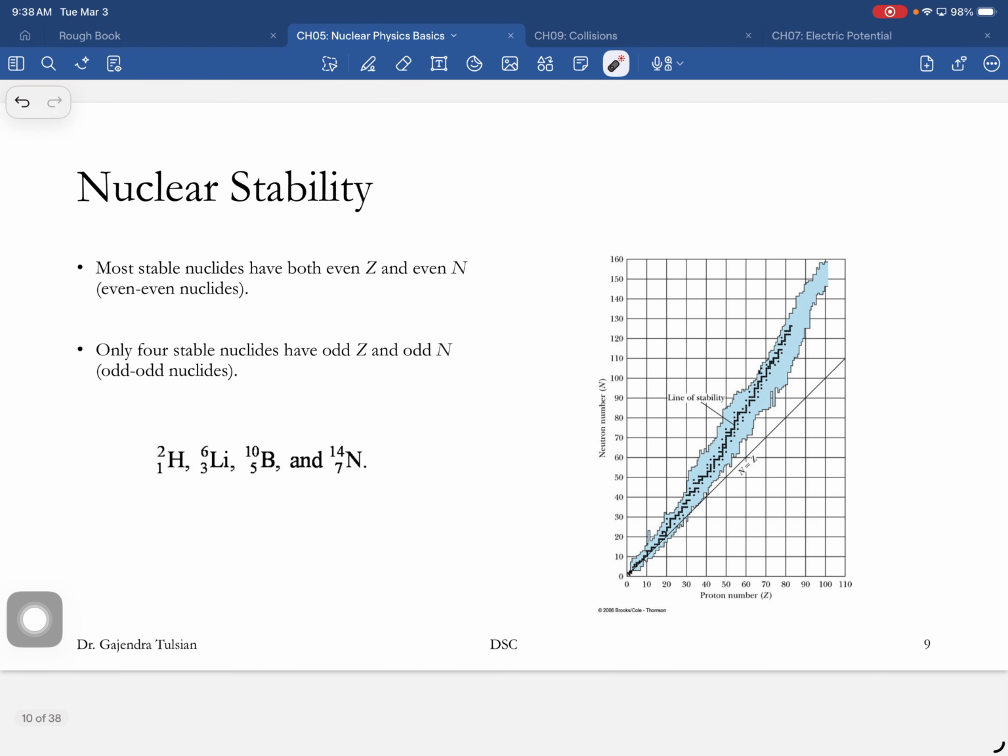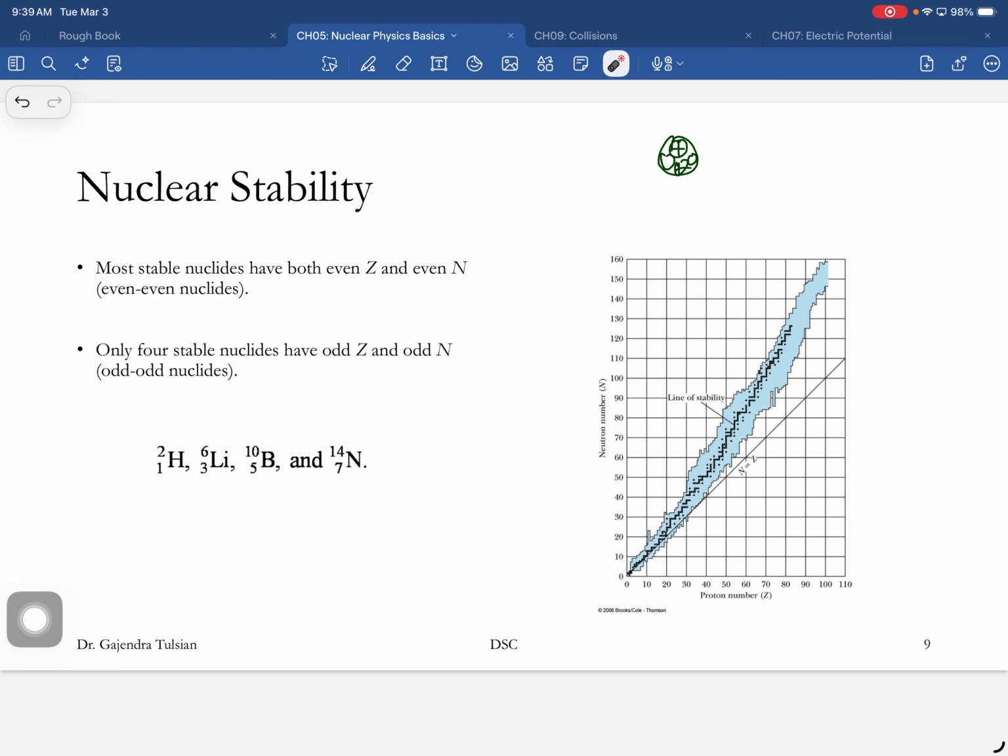nuclear stability diagram. So let's say here's a nucleus that is unstable, and let's say it decays via alpha decay. Alpha decay meaning it emits an alpha particle that has 2 protons and 2 neutrons. So when it emits an alpha particle, it loses 2 protons and 2 neutrons.